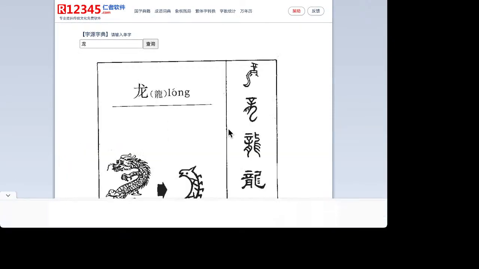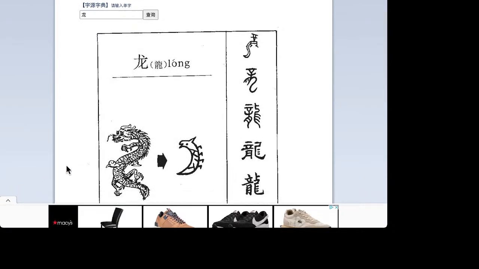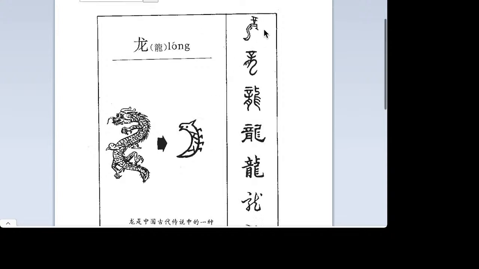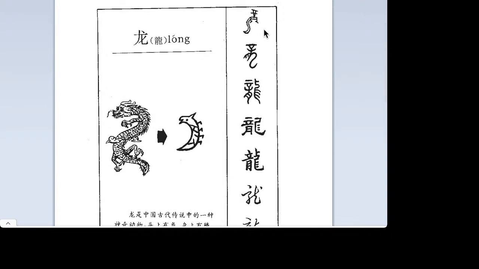If you look at the etymology, ignore this weird shrimp bug looking creature. Look at the actual historical writings. It's pretty similar, an abstracted form. See, it's got the crest, the little legs, the big wormy body.